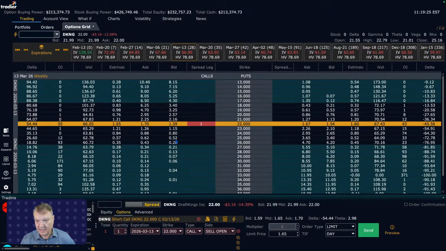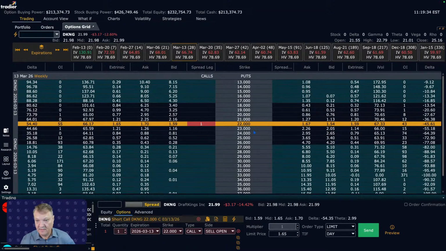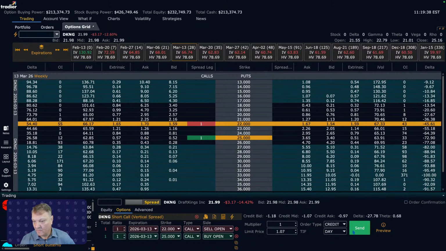And we're going to buy the 25. 26. Okay. $107 net credit to the account. We'll have to go a little closer, mainly because, once again, it's a paper trading app. So I'm going to put it in at 104.